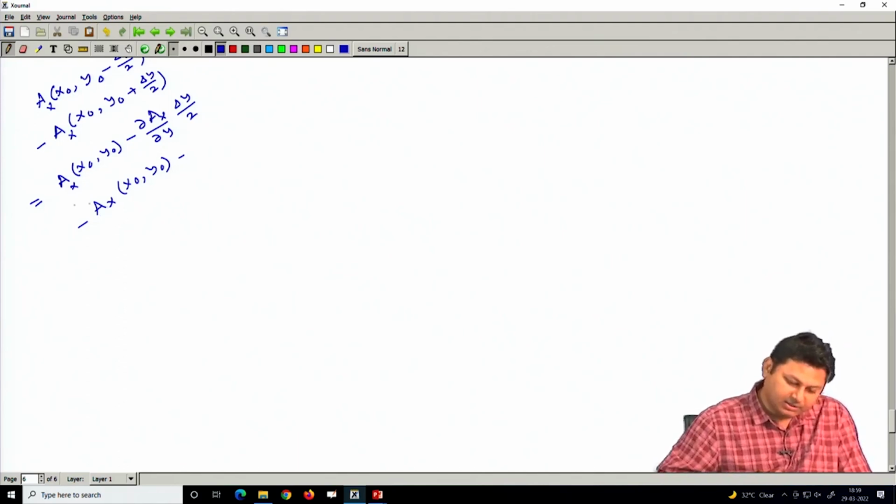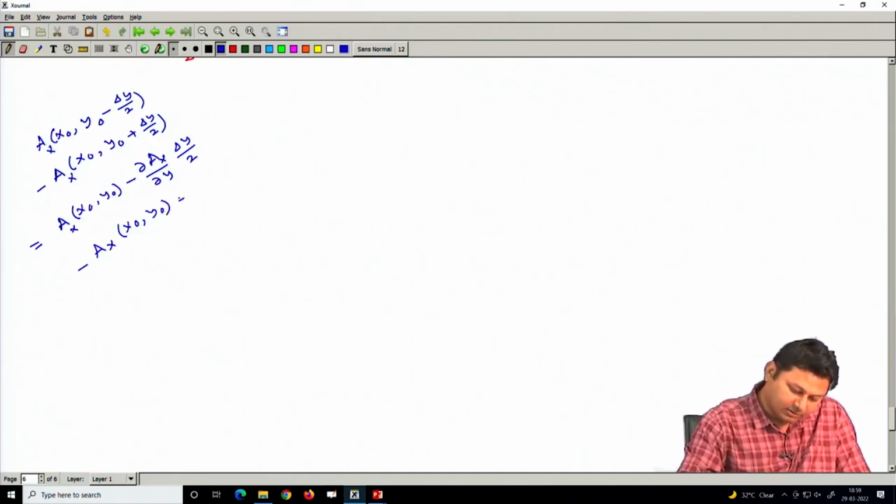Previously there was a negative sign and now we have a minus, and this will be a plus: plus del A x by del y times delta y by 2.